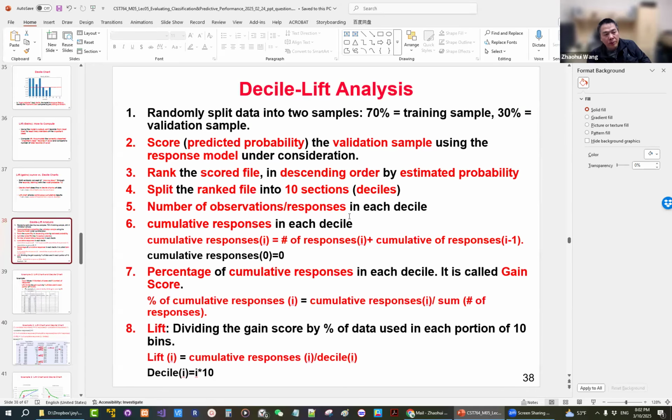Here is the method to obtain the gift chart and the decile chart. Firstly, we randomly split the data into samples, 70% for training and 30% for validation.